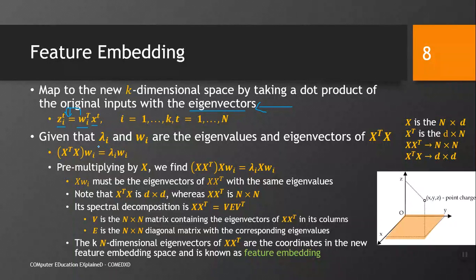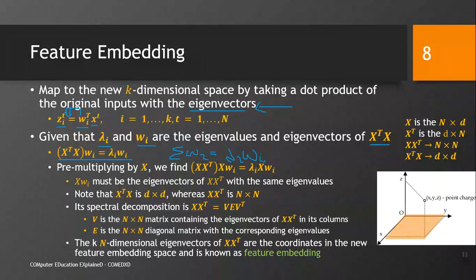Given that this is an eigenvalue and this is the eigenvector for some feature i, then we can write it like this. Previously, in our previous discussion, we wrote it like this: sigma Wi is equal to lambda i Wi. That was our previous expression, but now we have replaced this sigma, the covariance matrix, with x transpose x.